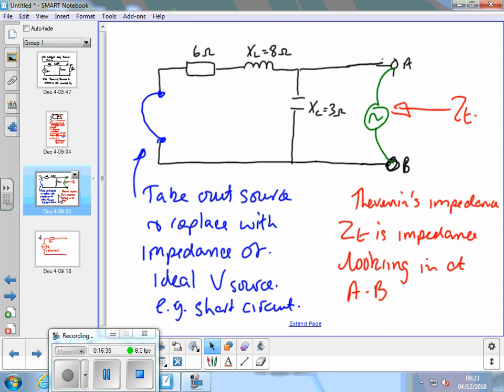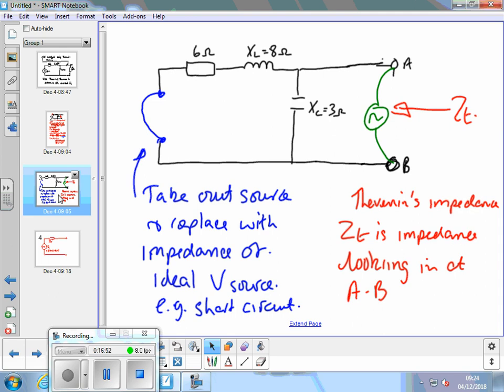What circuit have we got? You have got a parallel circuit. Yeah, you've got the capacitor in parallel with the inductor and resistor in series.